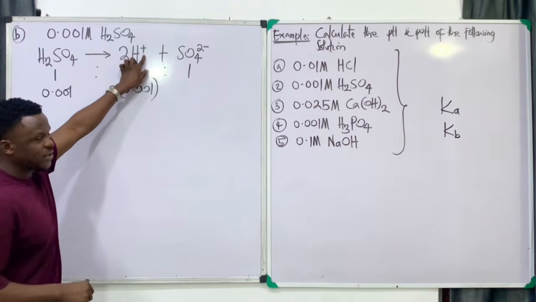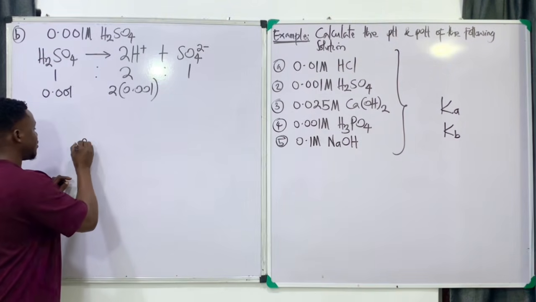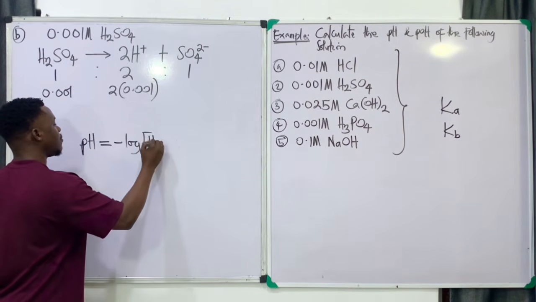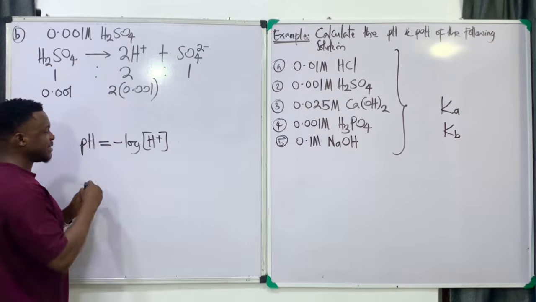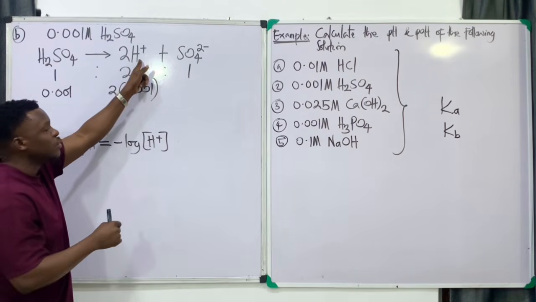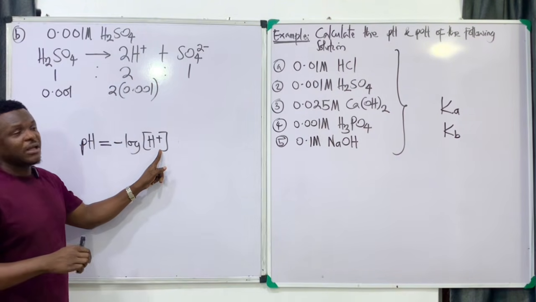I need H plus because the formula for pH is negative log of H plus. That is why I'm carrying out this dissociation, to know the exact value of H plus so I can substitute into this formula.